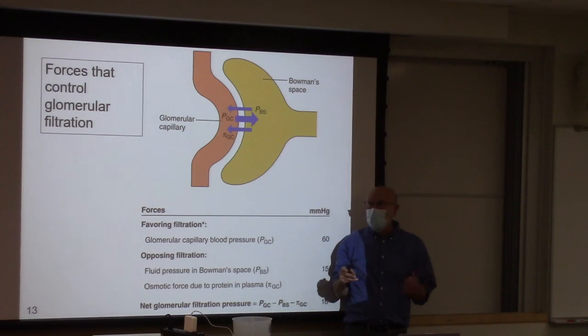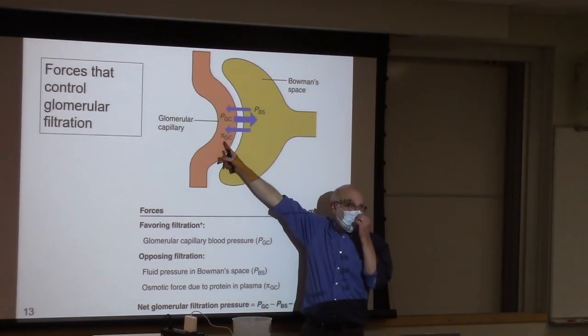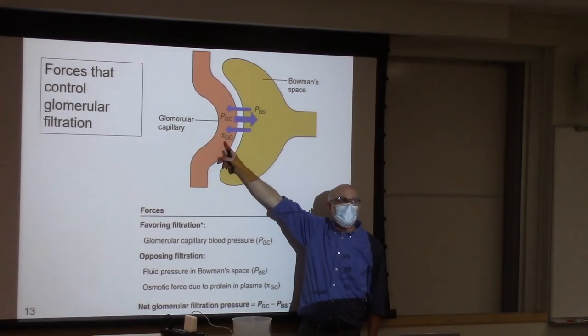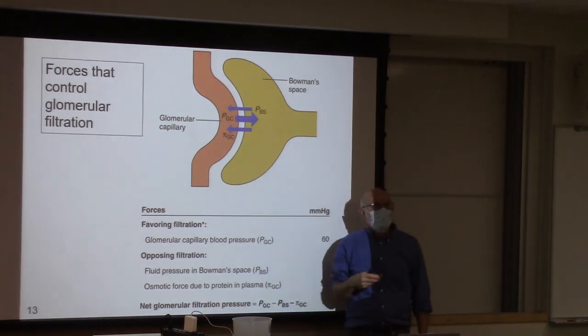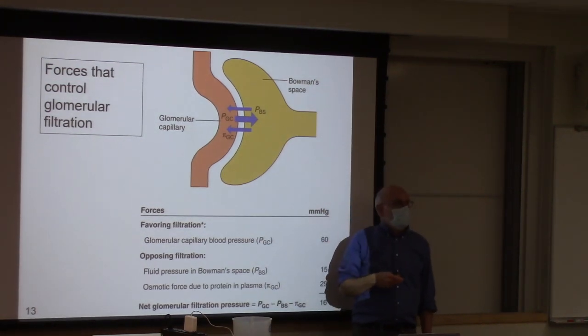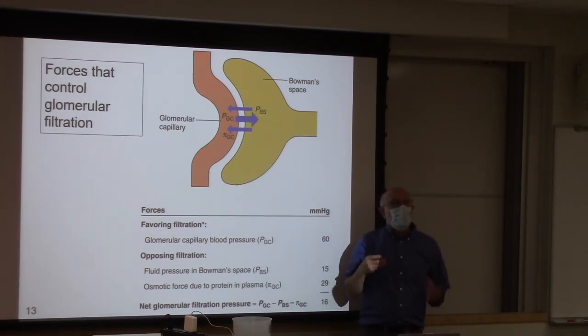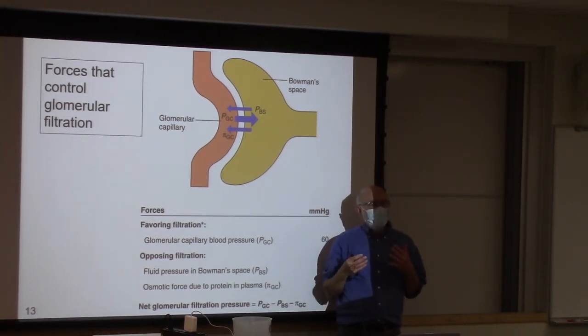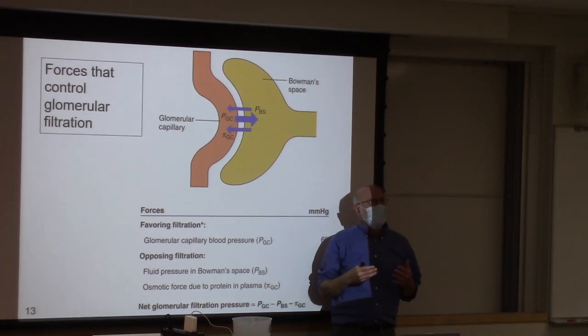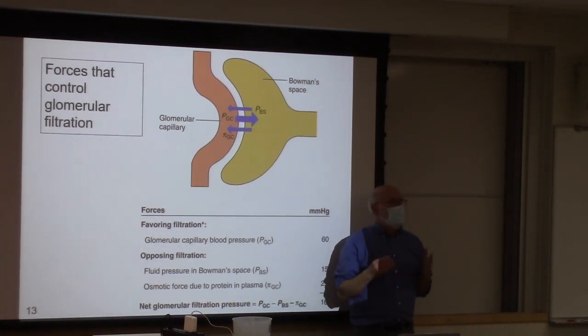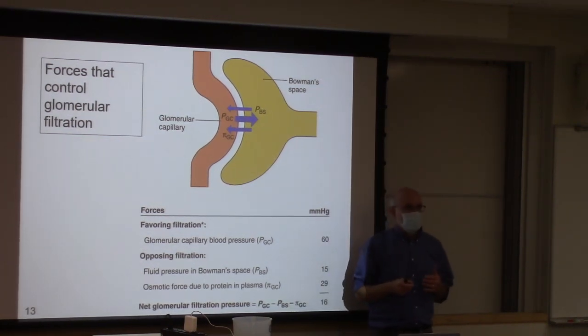In addition, we have osmotic pressure. Now we have to understand osmosis. Some of you may have studied this in chemistry. Osmosis is the movement of water in response to a difference in solute concentration.